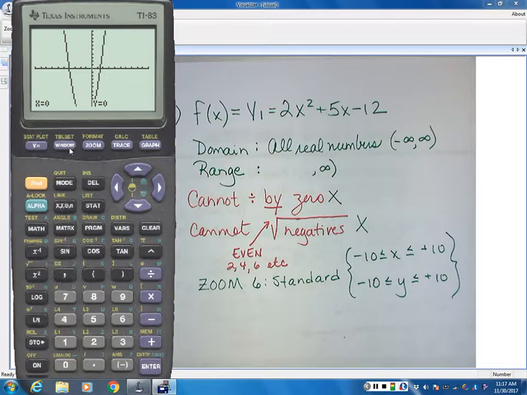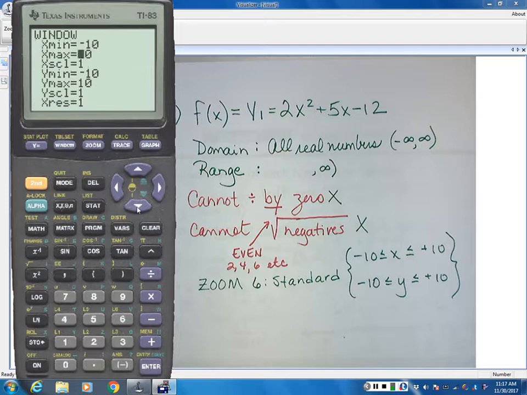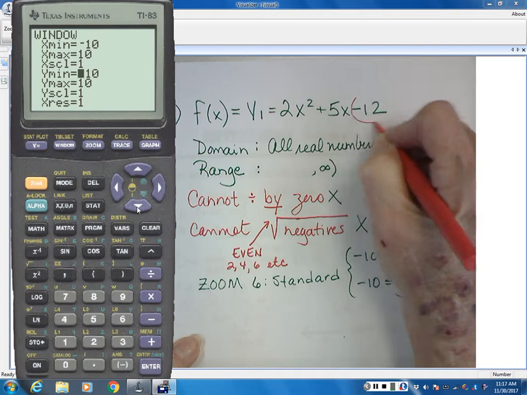But now I know that I can't see the bottom of it, so I need to reduce my y minimum value from -10 to something more negative than that. -20 would be good. Actually, what I want to do is consider this.